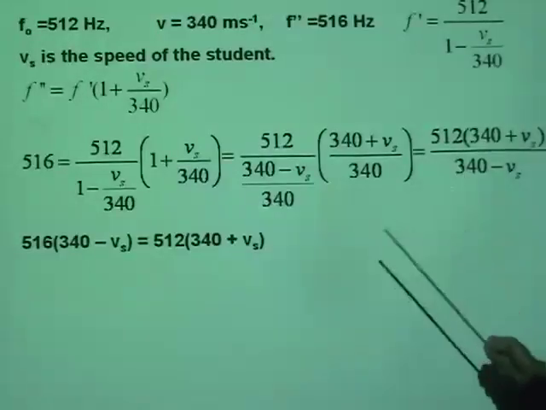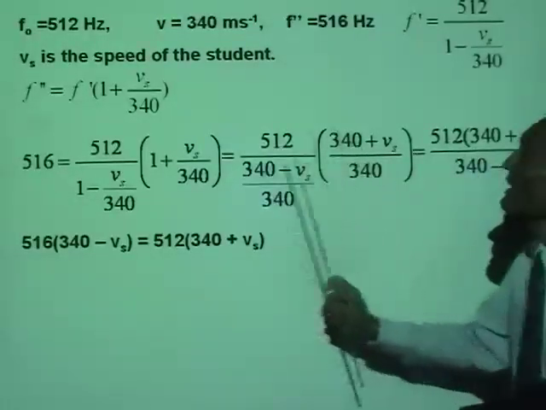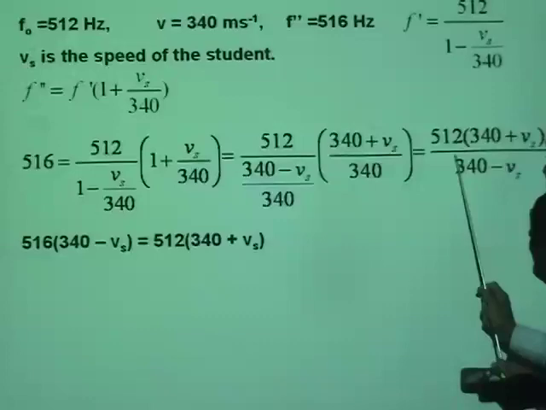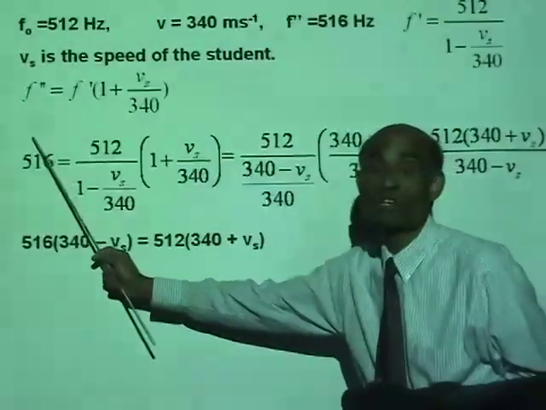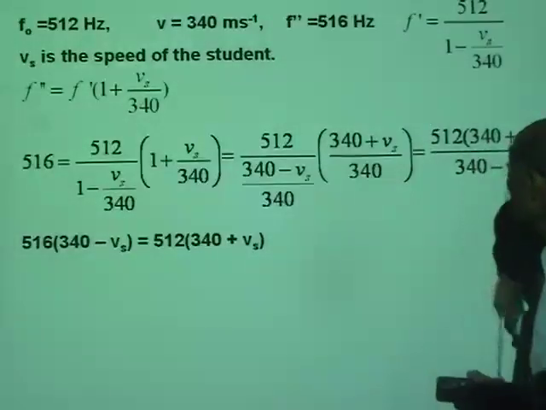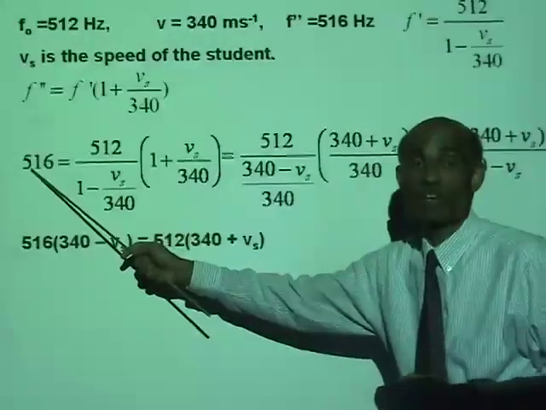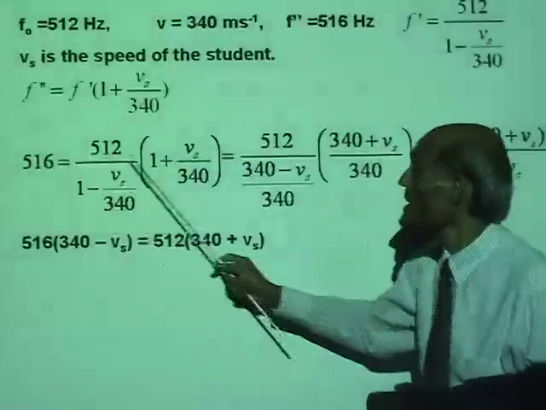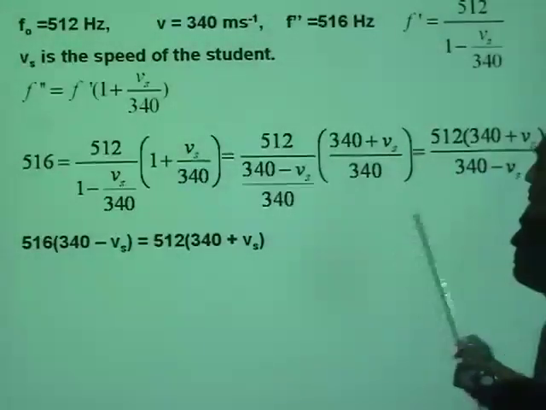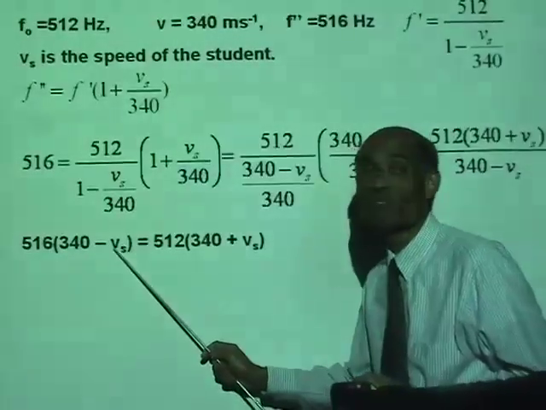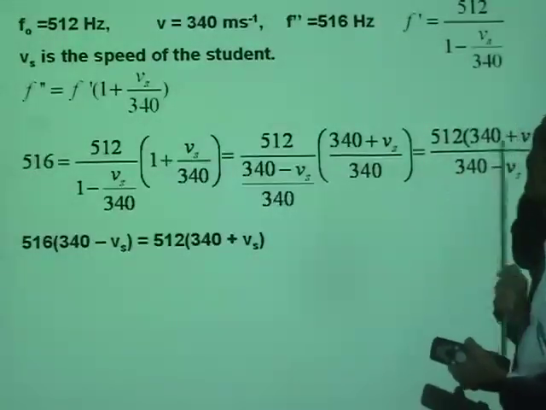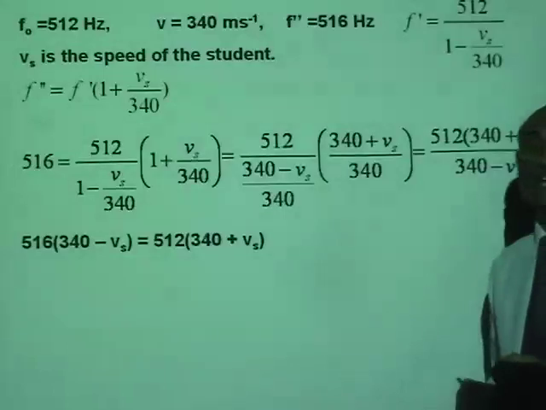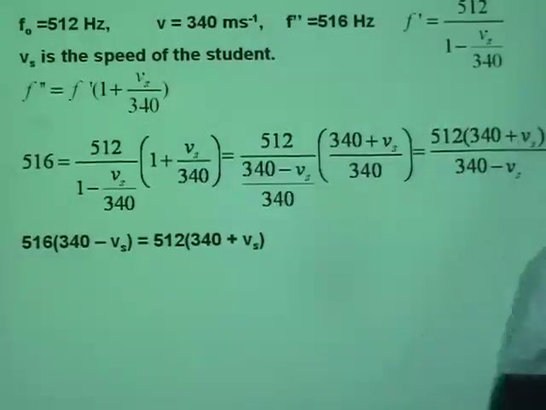Okay, now what I'm going to do is I'm going to cross multiply. This denominator is multiplied by the numerator. You see, this quantity is equal to 516. So 516 multiplied by 340 minus Vs equal to 512 times 340 plus Vs. Do you understand that? Let me just write that step for you.